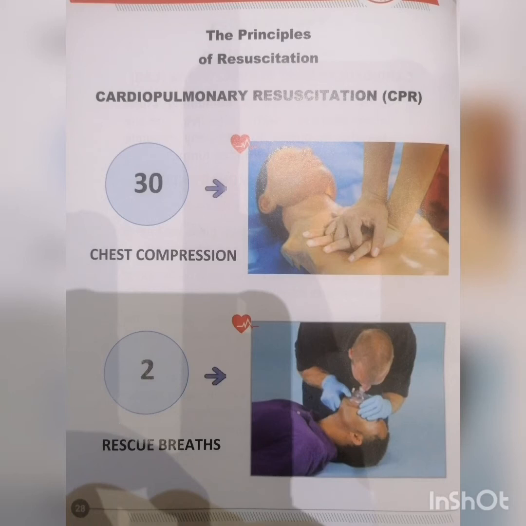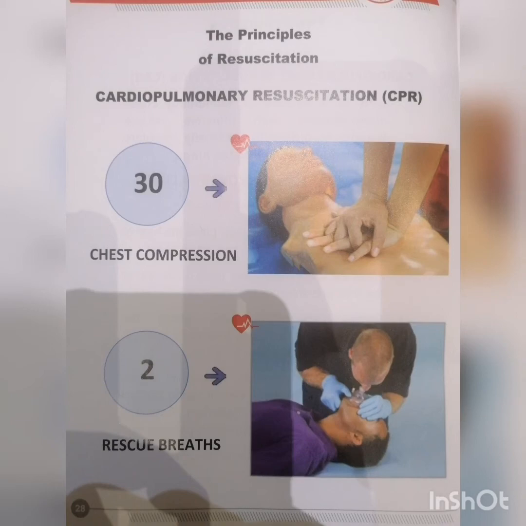Repeat at the rate of 100 to 120 compressions. 1, 2, 3, you have to press the person's chest. Then administer 2 effective rescue breaths. There you have to put breath into the person's mouth. 1, 2, then you do it again for 30 times. You compress the person's chest 30 times till the person is able to survive, right?